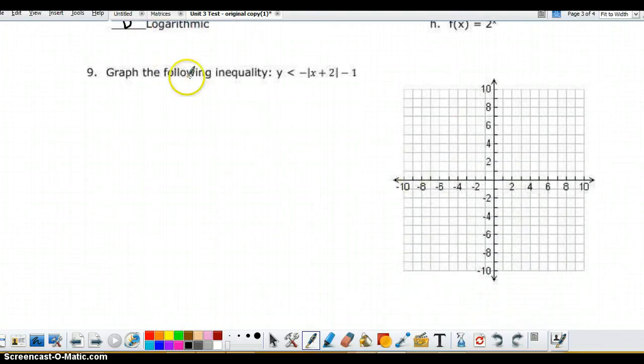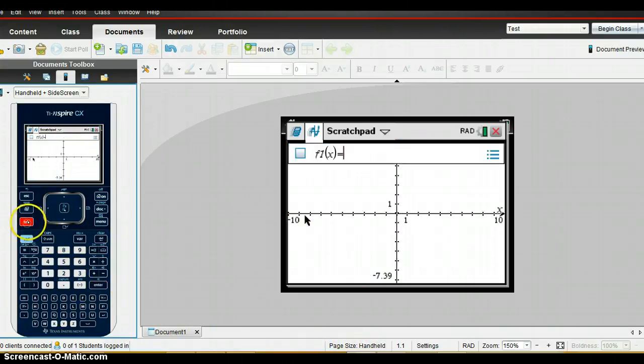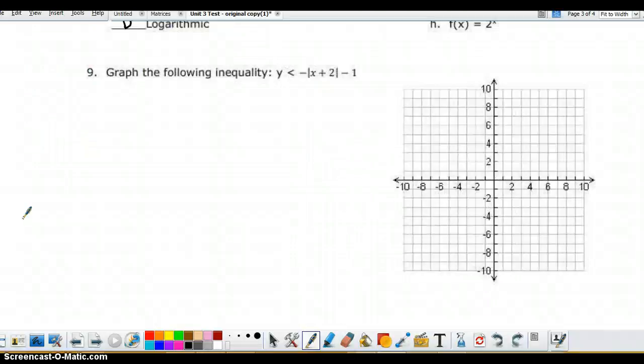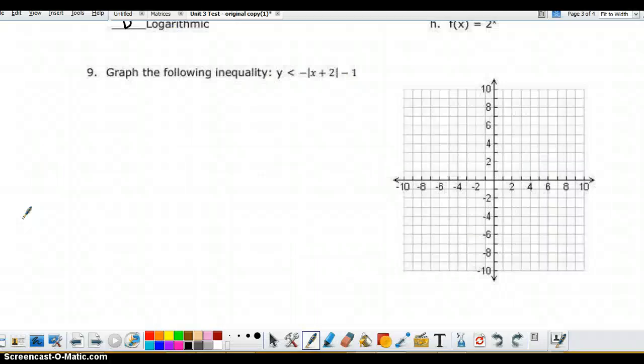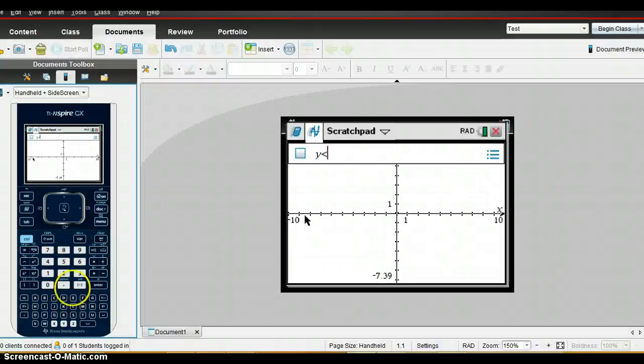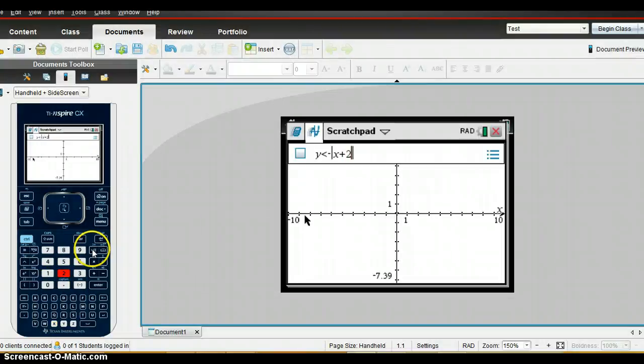So then it says graph the following inequality. Y is less than negative the absolute value of x plus 2 minus 1. Put it in the calculator. So tab. So that was less than, so delete 2, then negative the absolute value of x plus 2 minus 1.